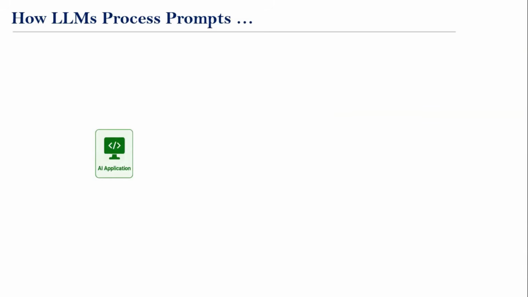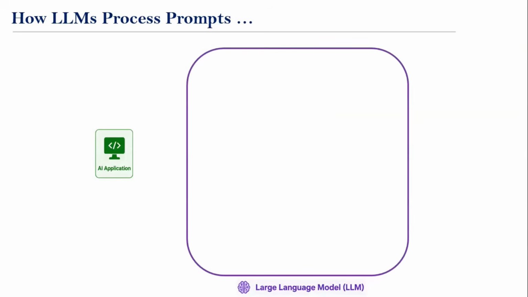See, we will have an AI application and that will use a large language model. So generally, a user sends a request to an AI application and that AI application sends the user request as a prompt to an LLM. Be clear, this prompt may be exactly the user request or sometimes based on requirement it will be enhanced.